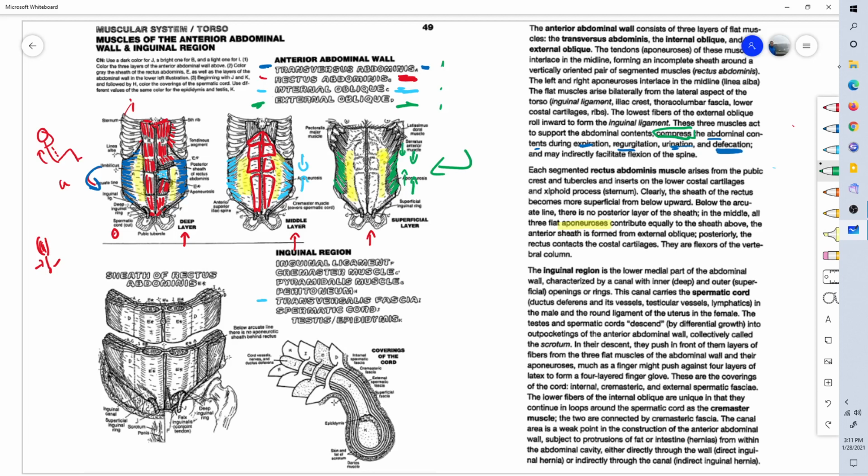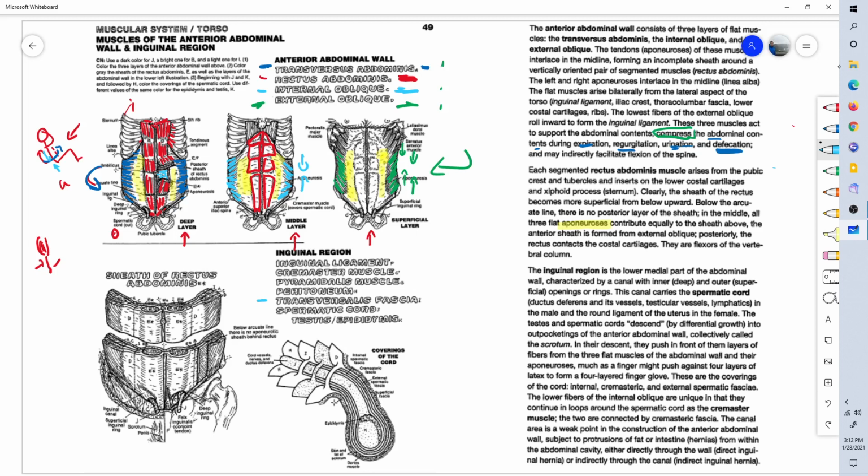So whereas the rectus abdominis, rectus meaning straight, is responsible for essentially curling and sit up, flexing the spine, these other muscles are involved in rotating it and flexing it to the side, as well as compressing the abdominal contents.